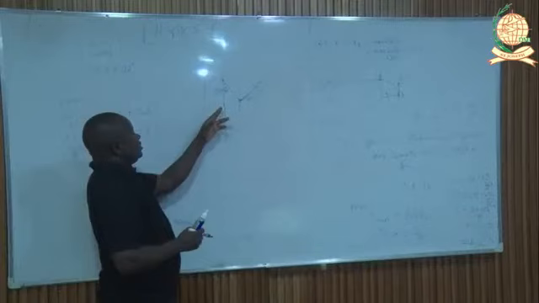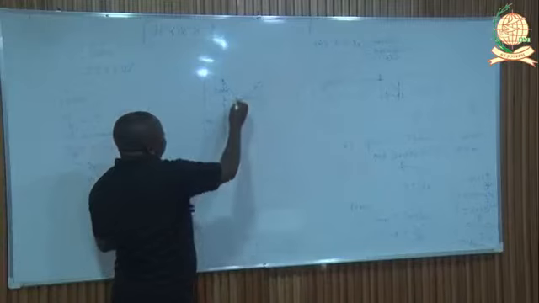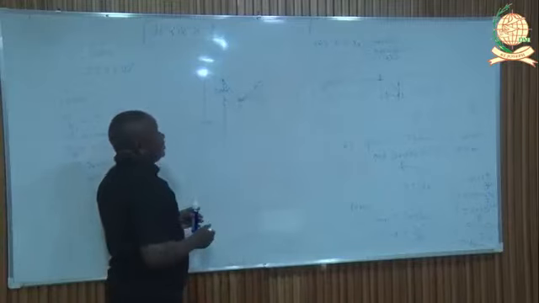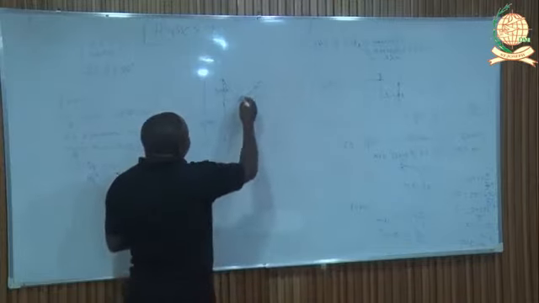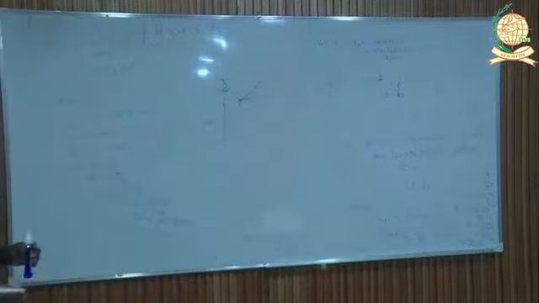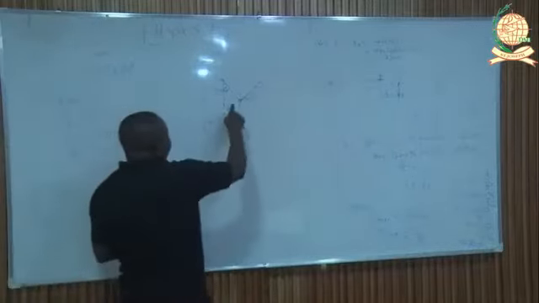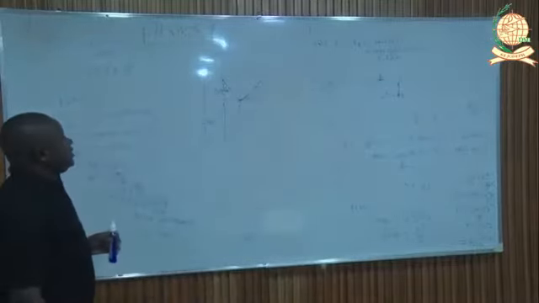Why? Because this is 90 and this is 30, so for this to be 30, this also should be 90. If that is true, this is 90, this also will be 30, because of alternating interior and exterior angles.